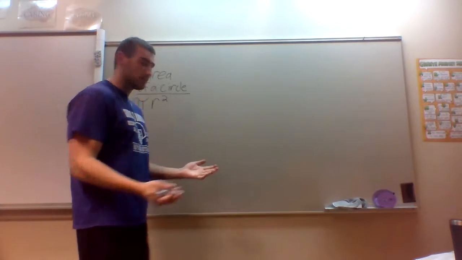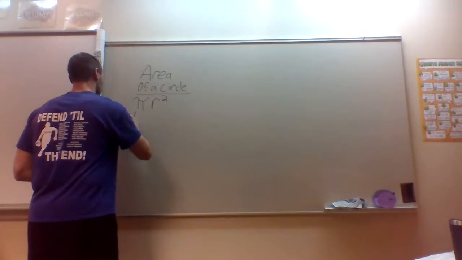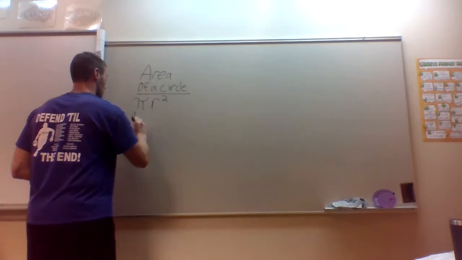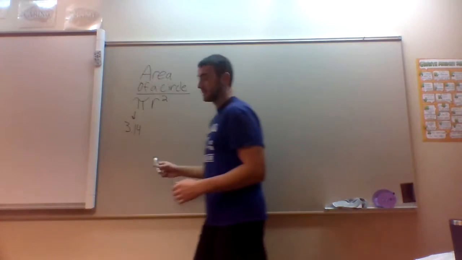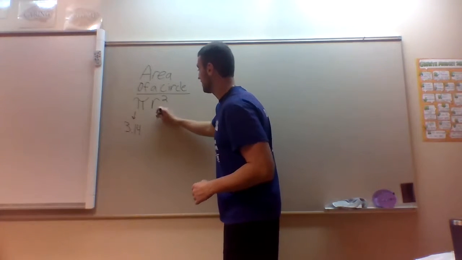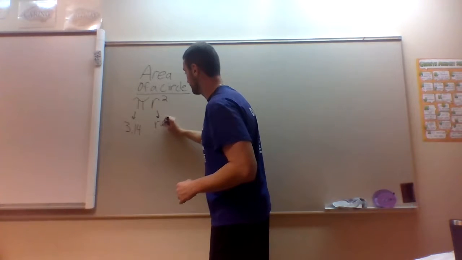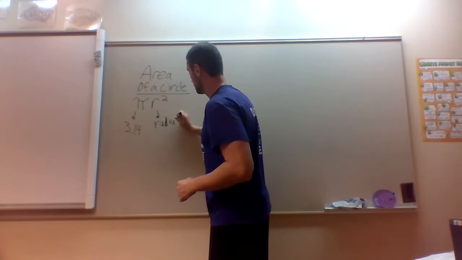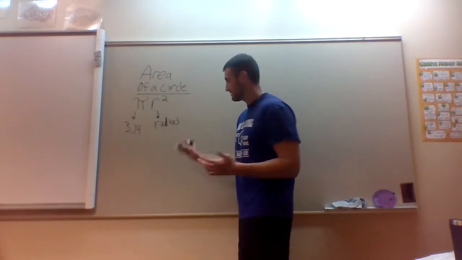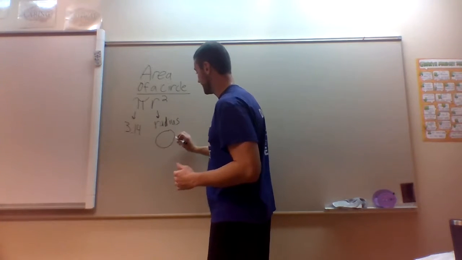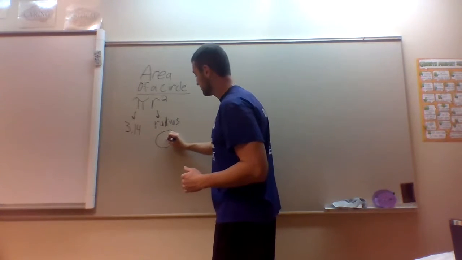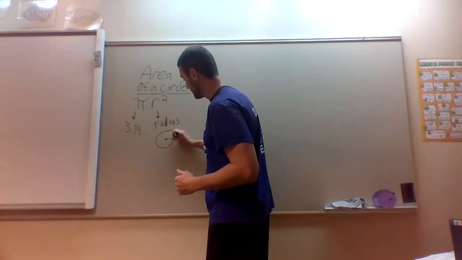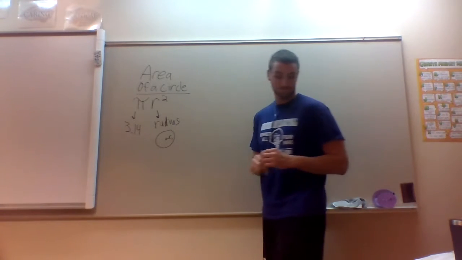Pi is equivalent to 3.14. The radius, or the r, if you forgot what a radius is, is the distance from the outer edge of the circle to the center. It is the measurement of this line right there.